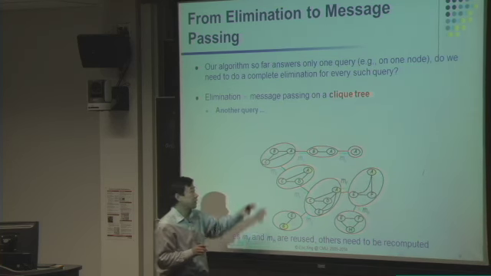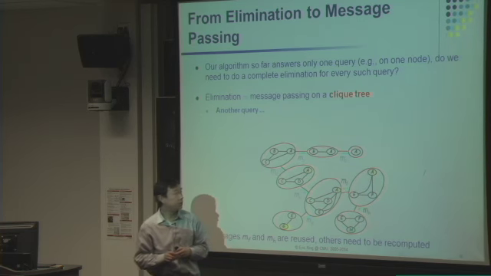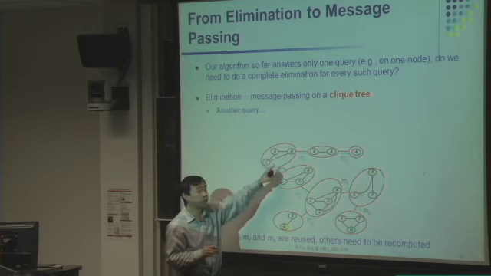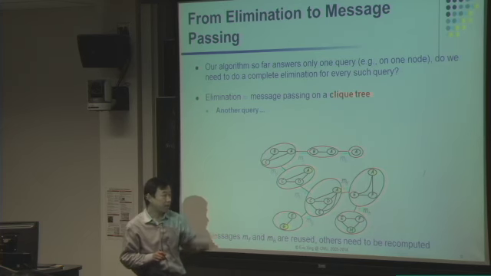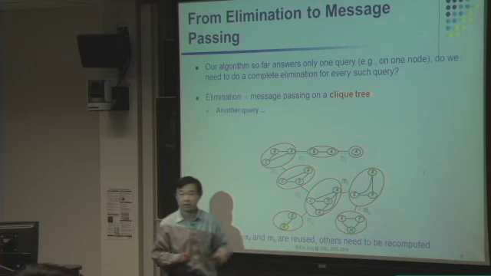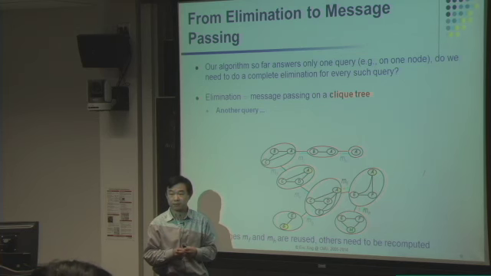So now you can imagine if I want to have a probabilistic database which allows me to answer queries of every node in the graphical model, chances are many of these messages I produce here will be reused, just to be sent in some other way and combined with some other messages, right?